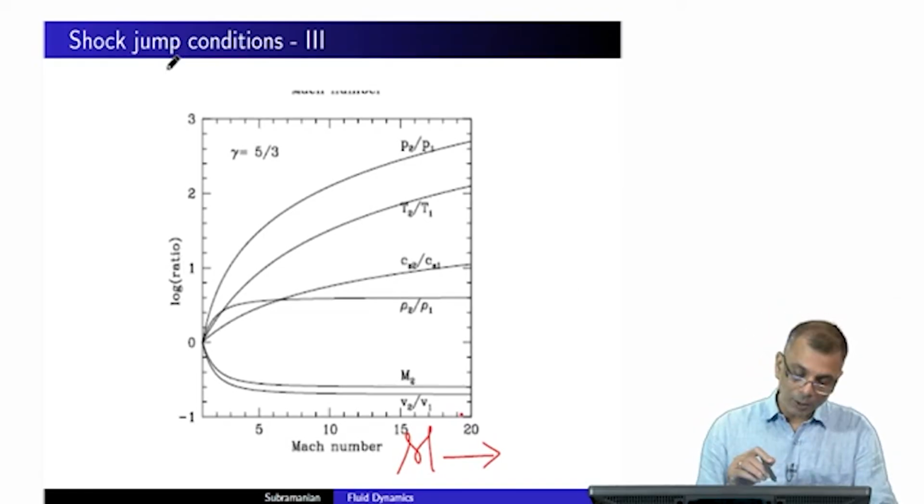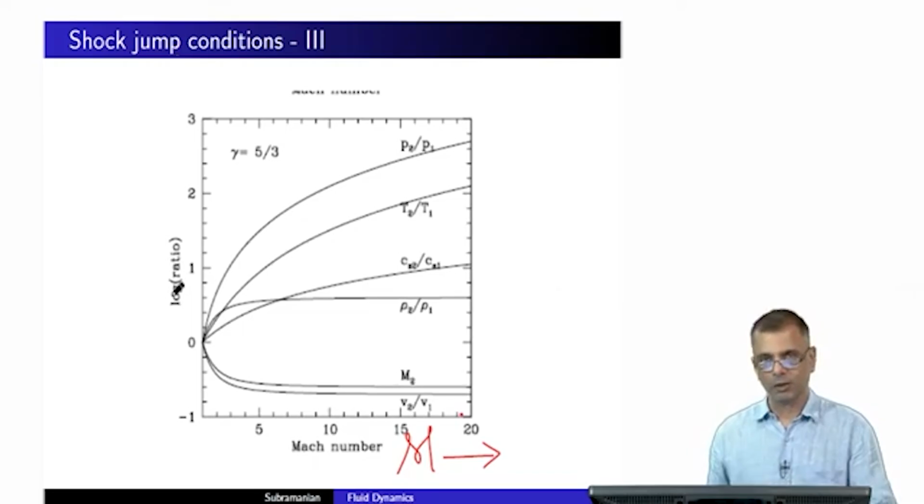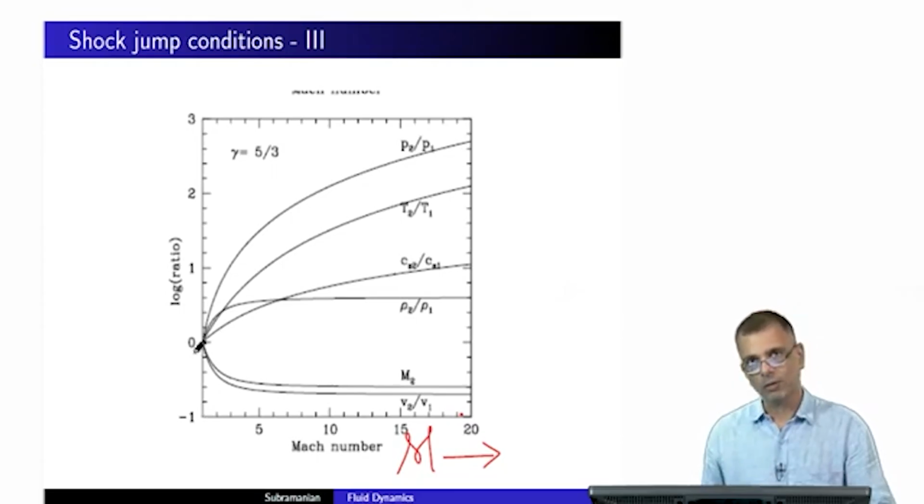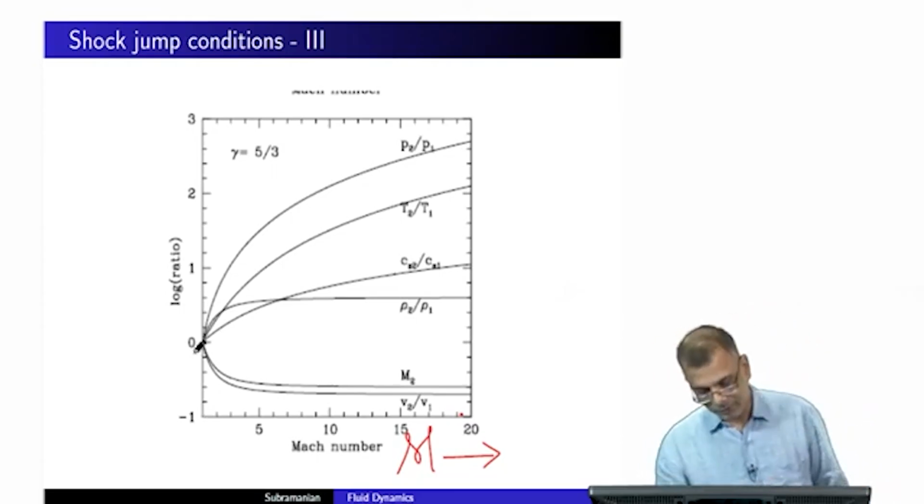Specifically, the log of the ratio is plotted. So here the ratio would be 1, here it would be 10, here 100, here 10 raised to minus 1, and so on and so forth.